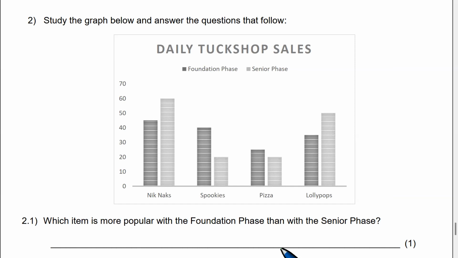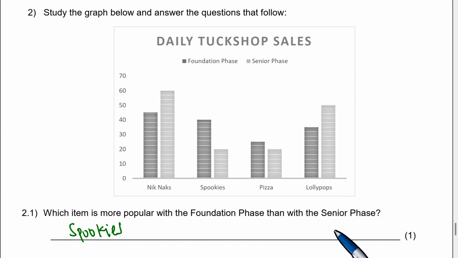It's more popular with the foundation phase. No, it's Spookies and pizza. It's the Spookies. Well done. It's the Spookies, because the Spookies are more popular with the foundation phase than with the senior phase.